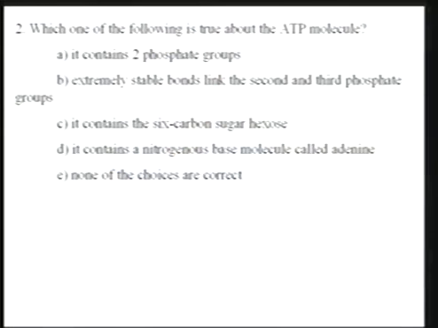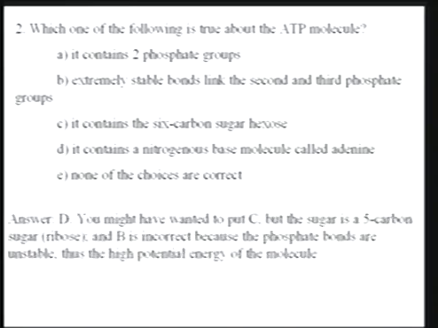All right, next question. Which of the following is true about the ATP molecule? Turns out the correct answer is D. You might have wanted to put C, but if you look at C, it says contains the 6-carbon sugar hexose.